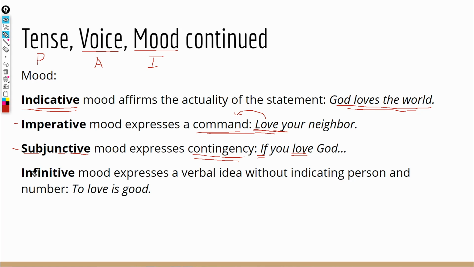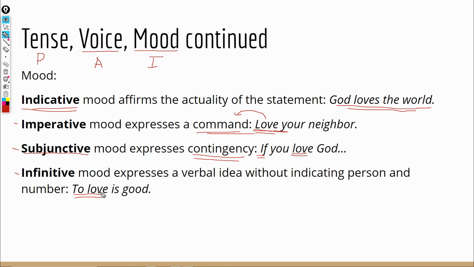And finally, there are other moods, by the way, but these are just the big ones. The infinitive expresses a verbal idea, so it expresses an action without indicating person or number. And so often it's just to say to love or to be.